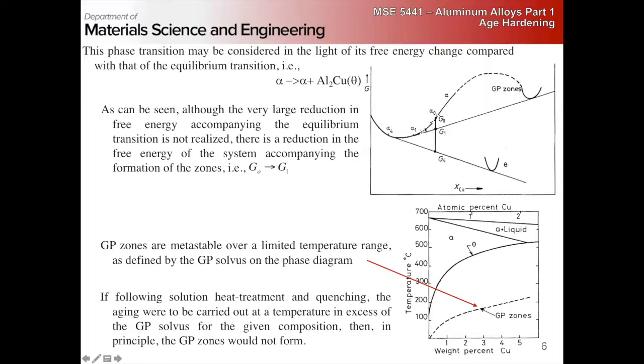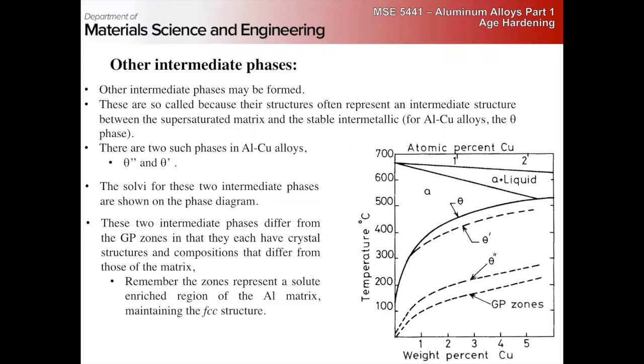It's not immediately obvious if you just think about it why copper atoms want to be together. It's not so much that the copper atoms want to be together, it's that thermodynamically this solution wants to phase separate. It's not a stable solid solution anymore at the lower temperature.